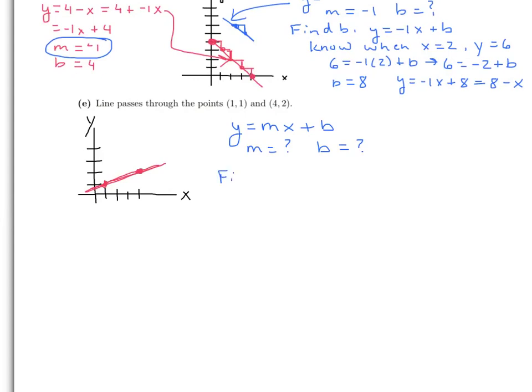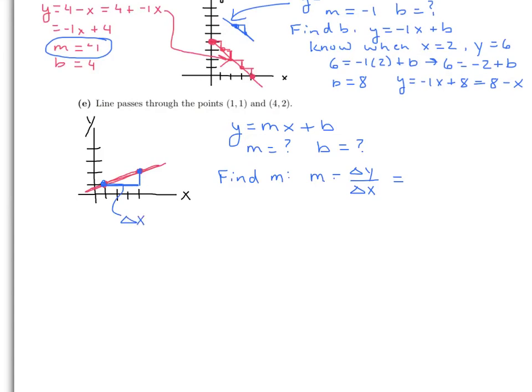So let's find m. Recall that m is the ratio of the change in y, or the change in output, to the change in x, the change in input. And we can figure this out by looking at the graph. If I look at these 2 points, I can ask, how do I get from one point to the other point? Well, I had to go 3 units to the right.